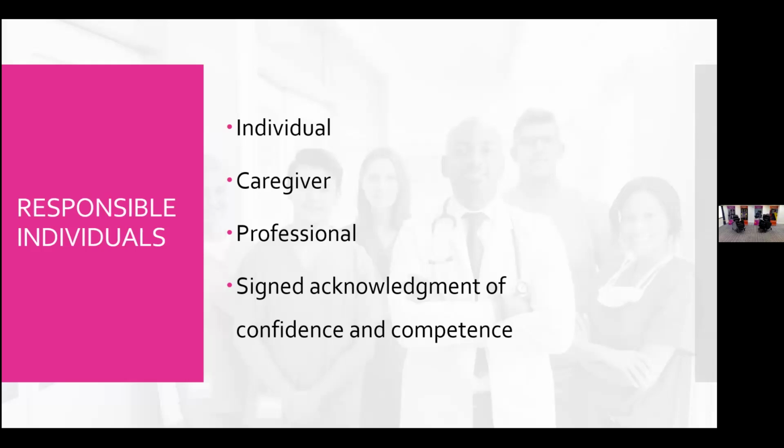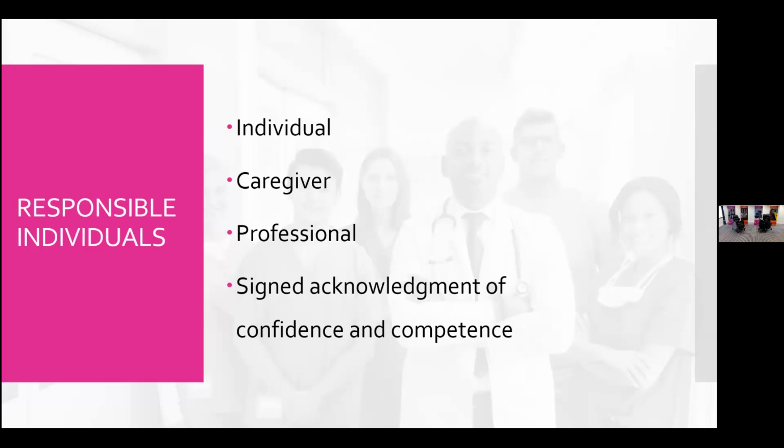And as I mentioned, it's identifying that responsible individual to make sure that the care plan continues to be used confidently but competently, and that someone takes responsibility for that ongoing assessment, and making sure that they know that they can reach out to us as the clinicians at any point should there be any concerns.